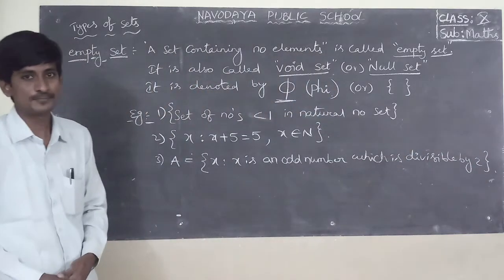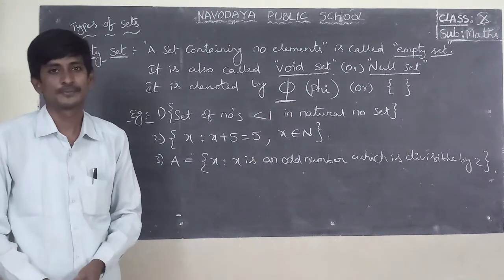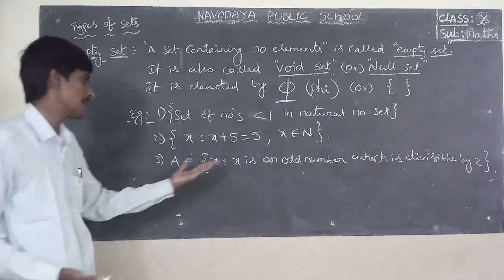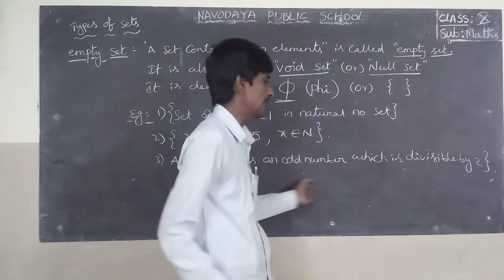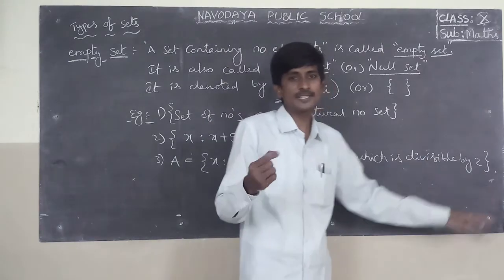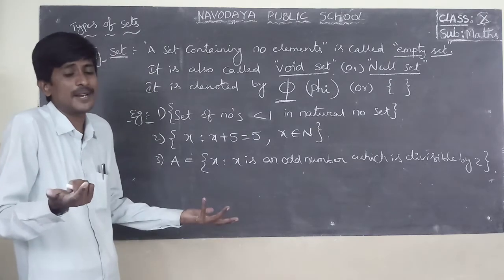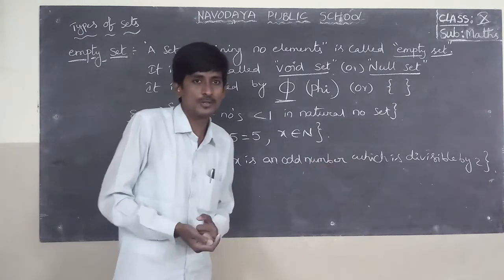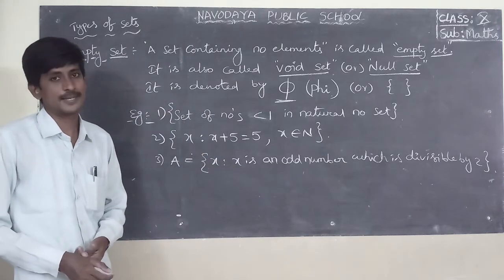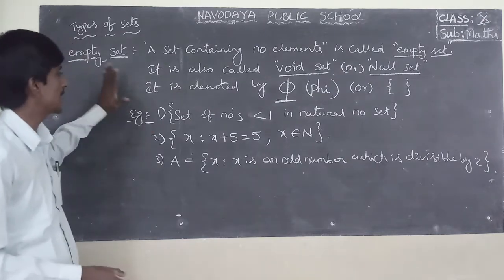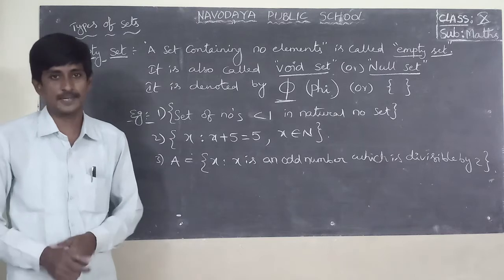No number. By definition, any odd number, when divided by 2, leaves the remainder 1. There is no number exactly divisible by 2. So it is also an example of an empty set. Okay, this is a very important empty set concept.